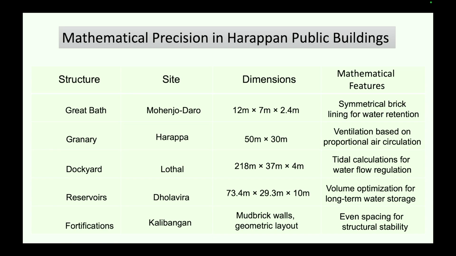Reservoir found at Dholavira: 73.4 meters by 29.3 meters by 10 meters, with volume optimization for long-term water storage. Fortification from Kalibangan: mud brick walls, geometric layout, even spacing for structural stability. On the basis of this table, we can say different structures represent different mathematical concepts of the Harappan civilization.